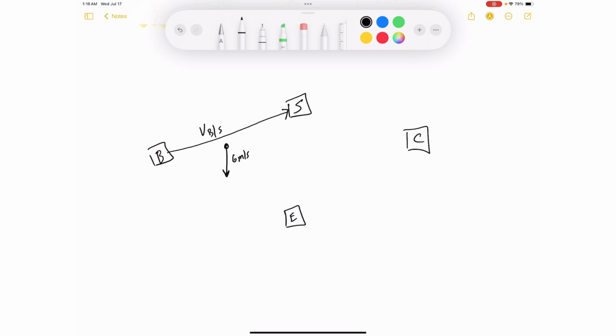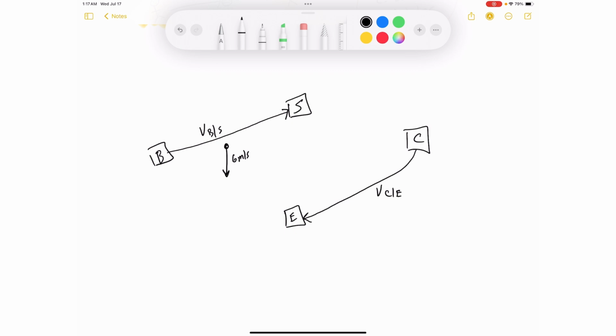The next one I have is between the catcher and the earth. So that looks like this. This is the velocity of the catcher relative to the earth, and once again, the arrow goes from C to E. Now here, the catcher is not moving.